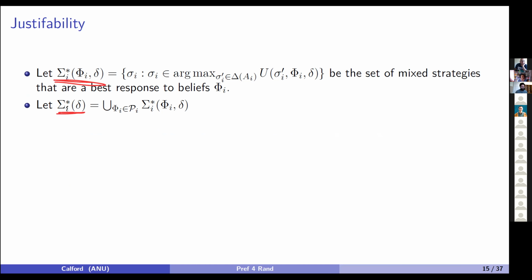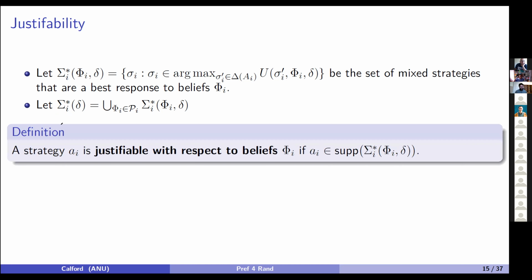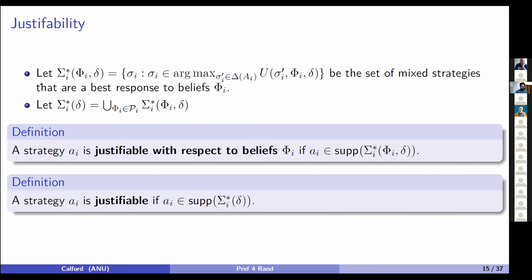So this is a set of strategies that are a best response to something. We're going to say that a strategy a_i is justifiable with respect to particular beliefs if the strategy a_i is in the support of this top one. And we're going to say that a strategy a_i is justifiable if it's in the support of this thing. So that's our notion of justifiability.